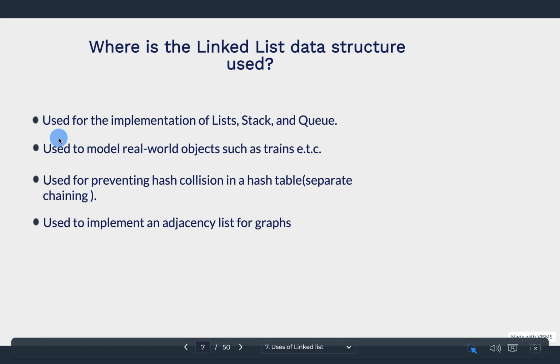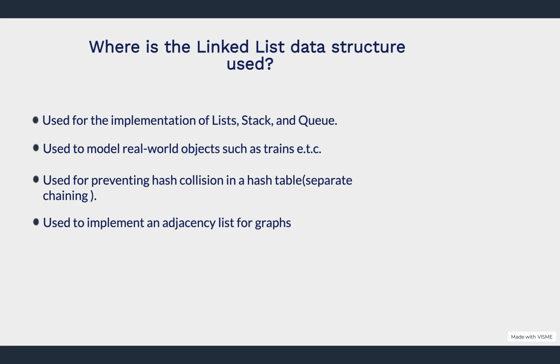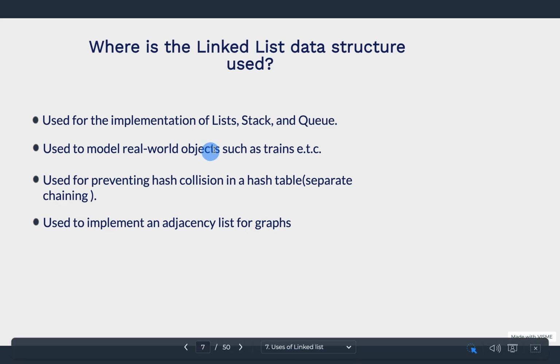We can also use the linked list data structure to model real-world objects such as trains. A train is like different buses that are chained together, so you can use a linked list data structure. Also, if you check out this slide, you will discover that we have two arrows pointing back and forth.